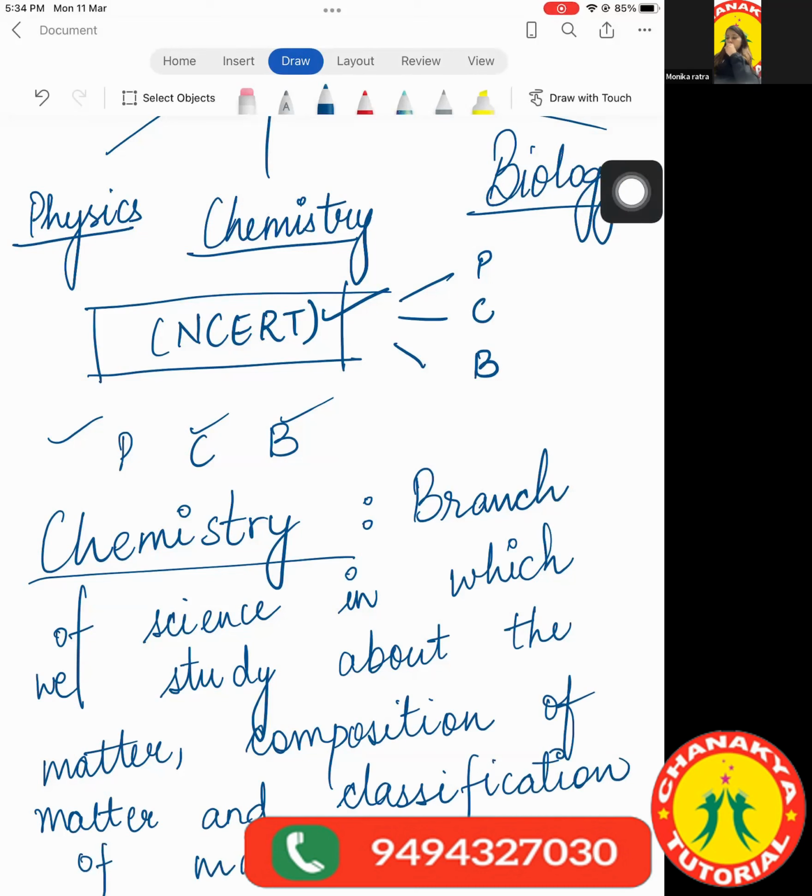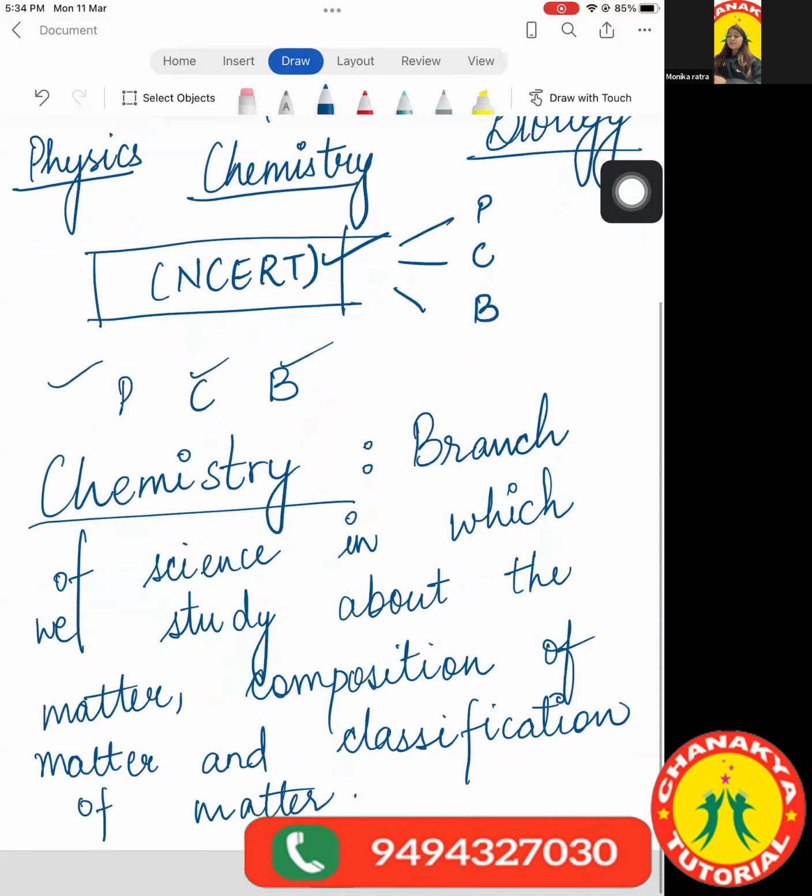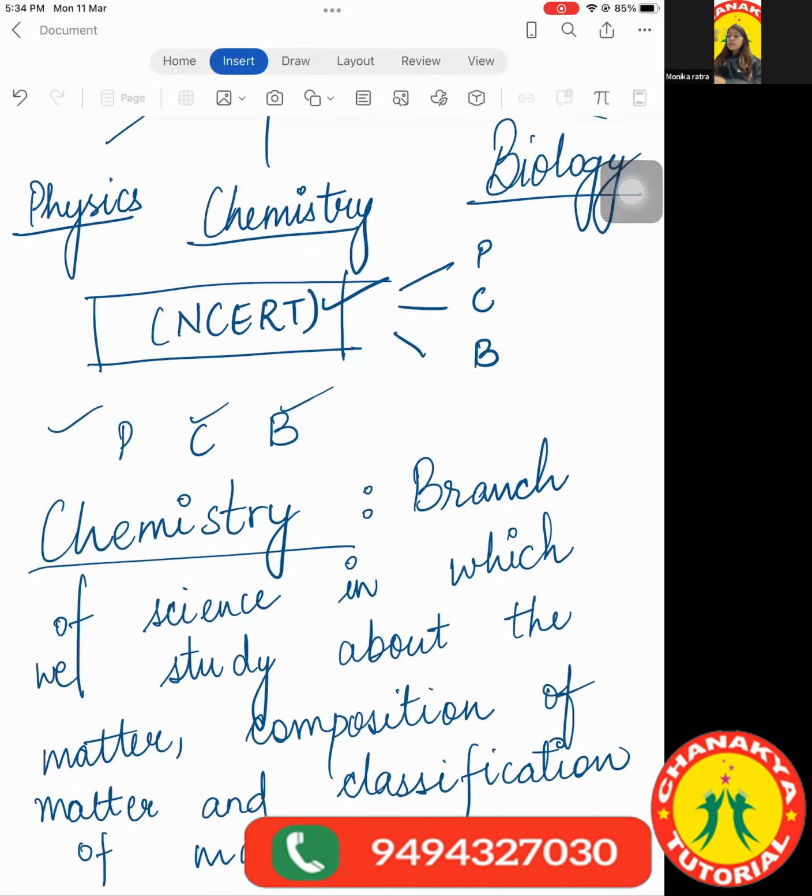So, what is science actually? Science is basically the involvement of many concepts which might be involved either in physics or chemistry or biology. And what is chemistry? Chemistry is that branch of science in which we study specifically about the matter.